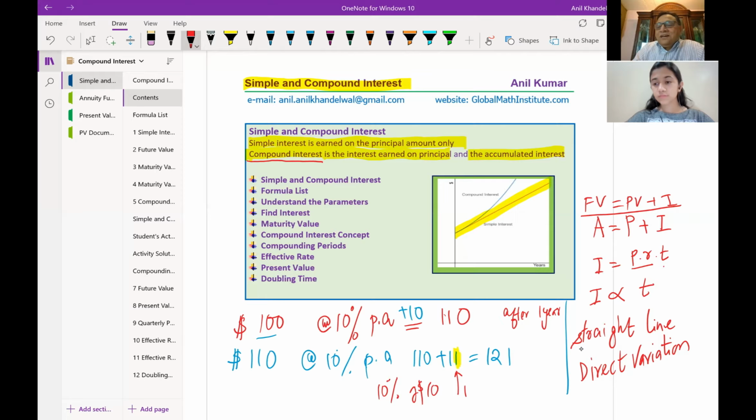Where interest is what you invest, at which rate you invest, and how long you invested. So as you can see, interest is directly proportional to time you invest. And therefore, we have a straight line. Do you understand why a straight line? Yes. And we call this a direct variation, right?